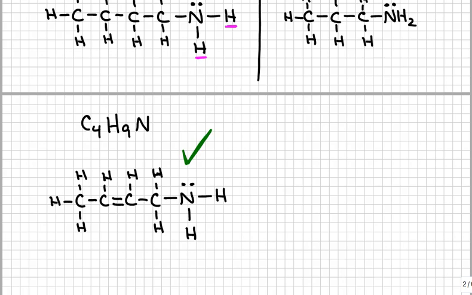Add a double bond. Another way to do this would be to draw a cyclic structure. Hey, look at this beauty. That works as well. There's 4 carbons, 9 hydrogens, and a nitrogen. Let me just show you. Here are the carbons. And then we've got to go ahead and add hydrogens.